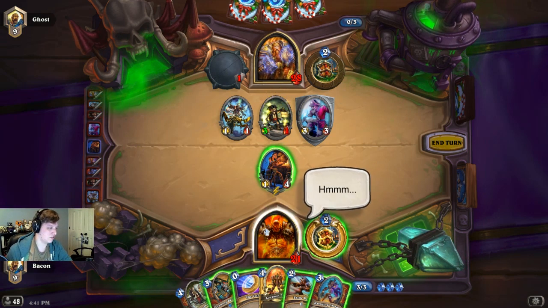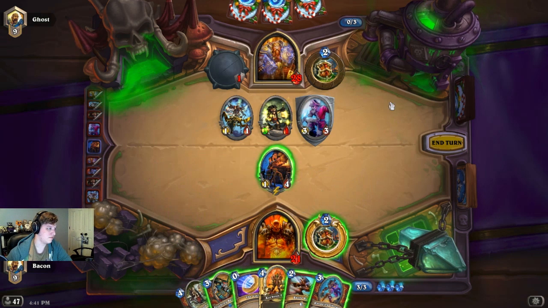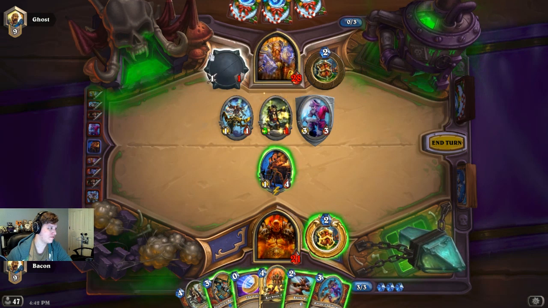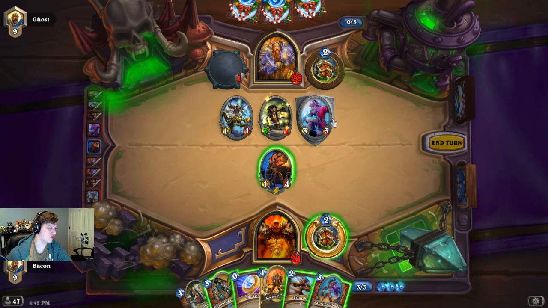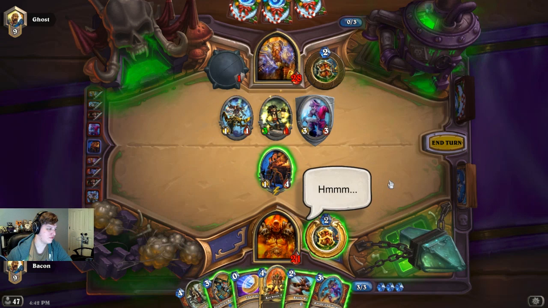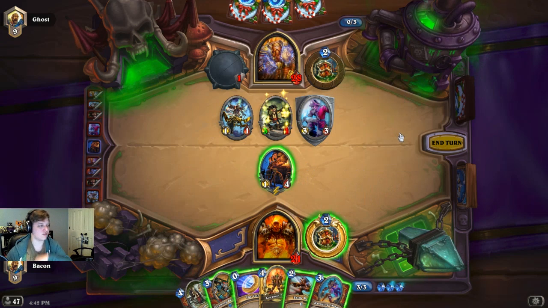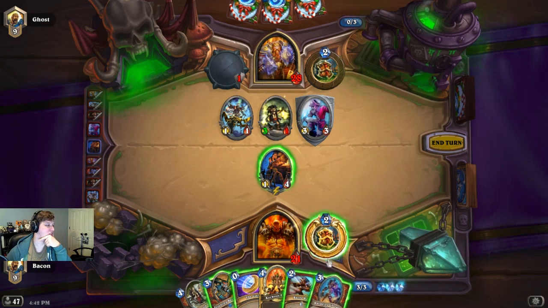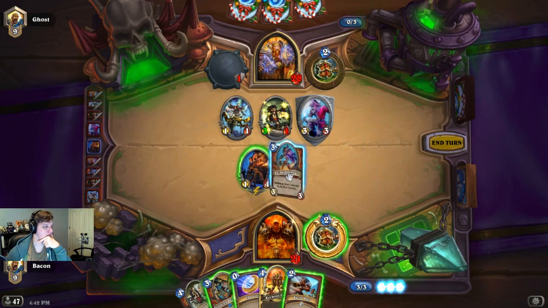So how do we want to do this? So here we can just Ravaging Ghoul, clear out 2 of these minions. We can't take out the Dread Corsair though, but I believe Ravaging Ghoul is probably the best play.